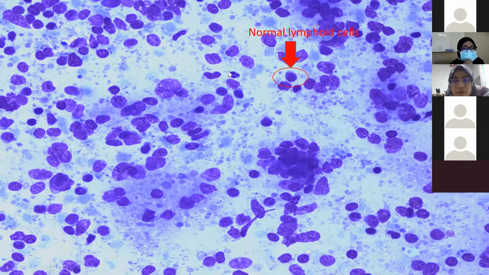The atypical cell is a bit larger than the normal, very large compared to the normal lymphocyte. This is a normal lymphocyte because we can still see the cytoplasmic rimming at the edges, as compared to the other atypical cells, where we can hardly see any cytoplasm.